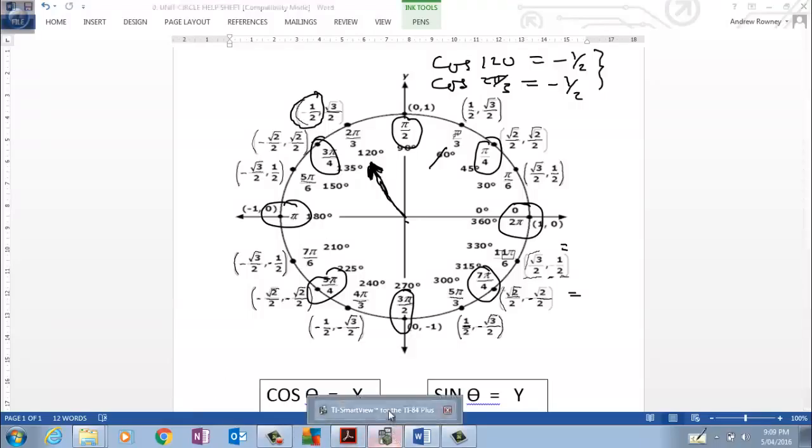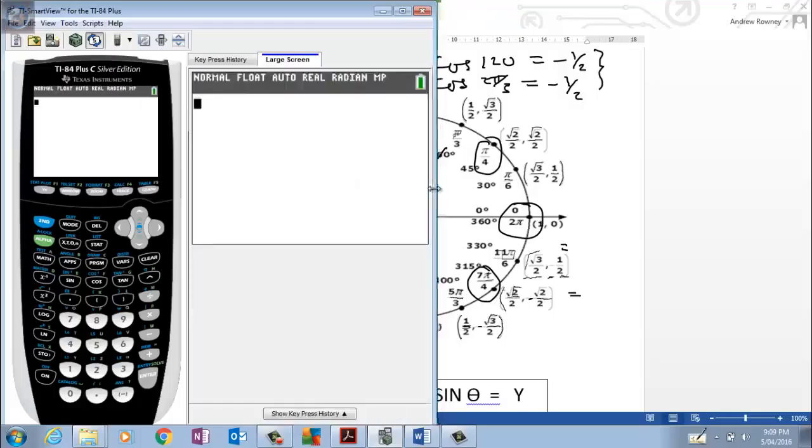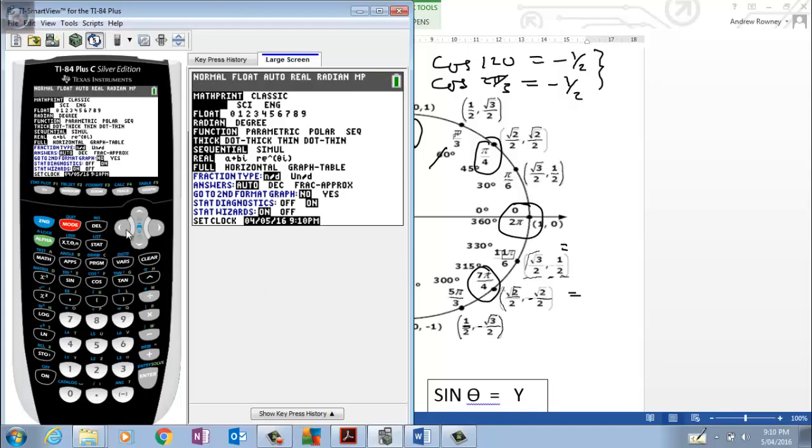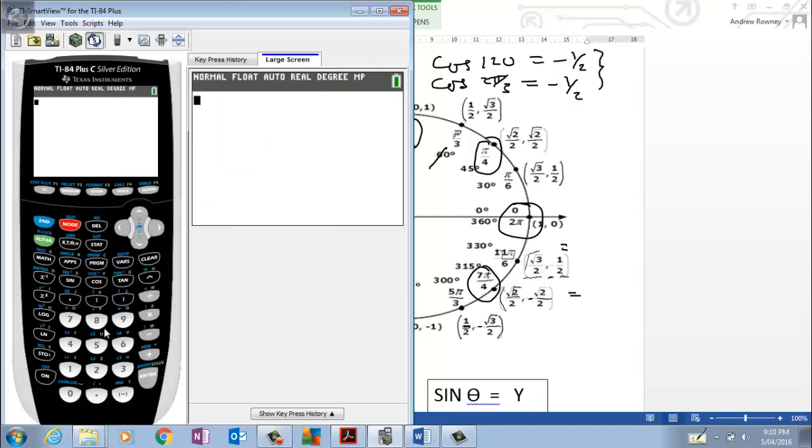So here is the calculator. We're going to put in, first of all, in degree mode, you have to click the mode, go down and lock it on degree. Press enter and then quit. Now if we put in the cos of 120 degrees, then we end up with minus a half, and that agrees.